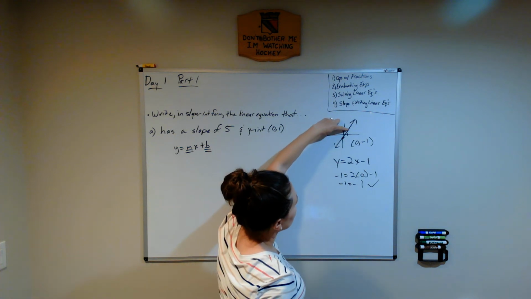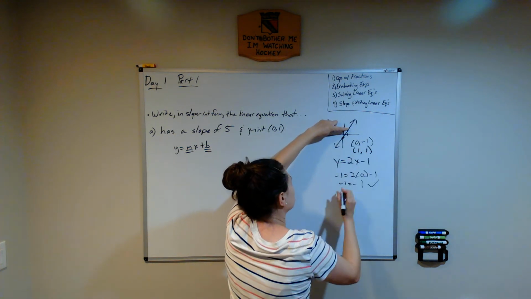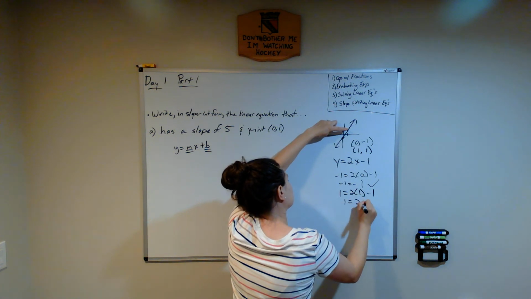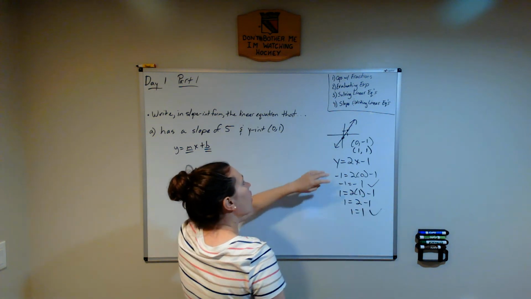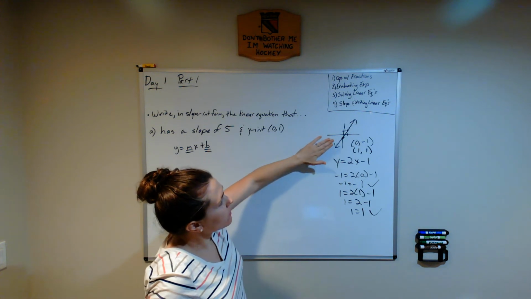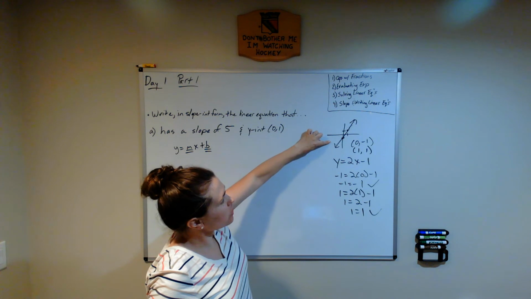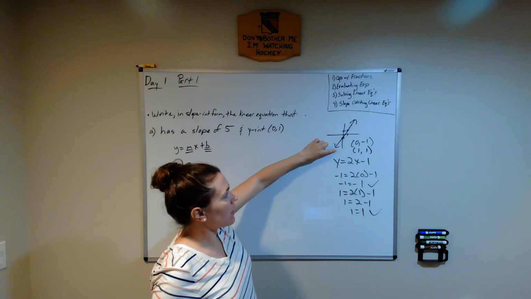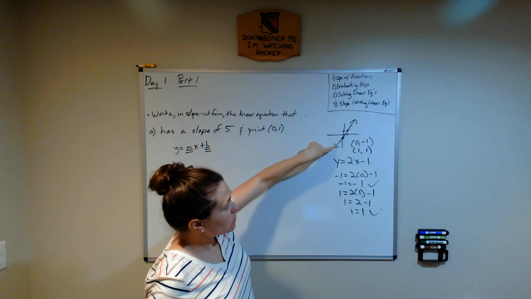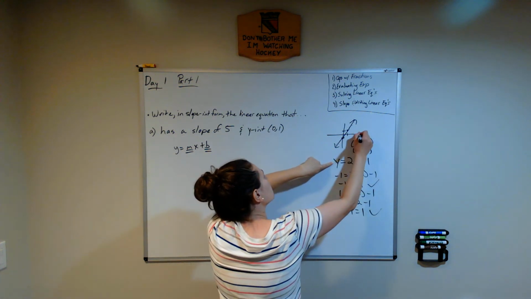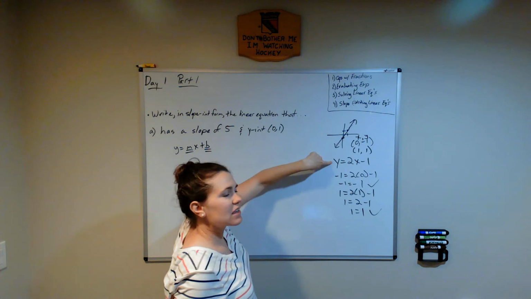This point up here is (1, 1). All of the points that fall on a line are what make the equation true. This is just a graphical representation, okay? A line is just a graphical representation of all of the coordinate points (x, y) that make this equation true.